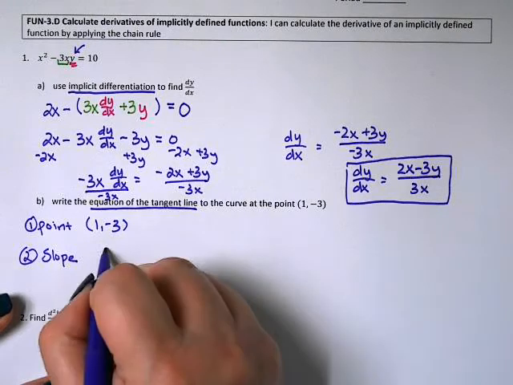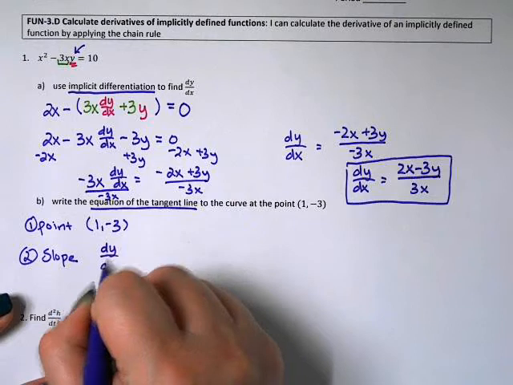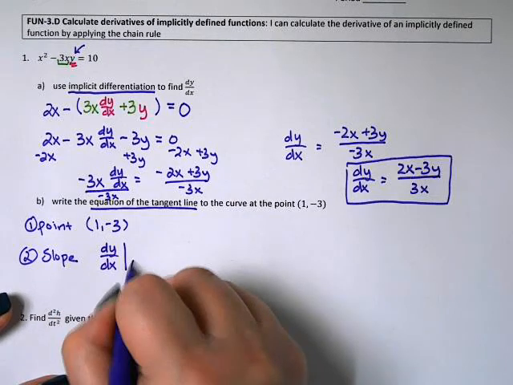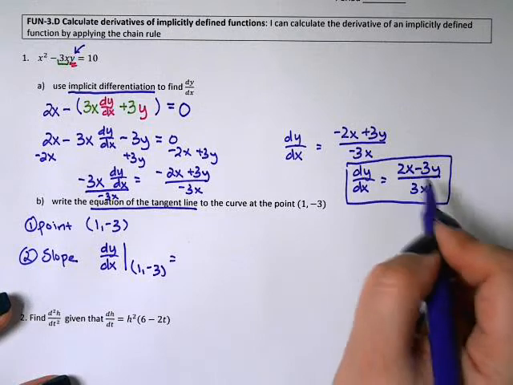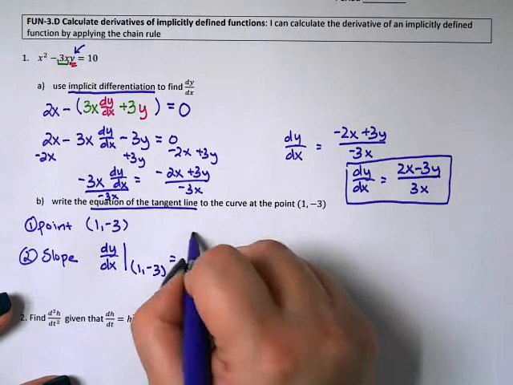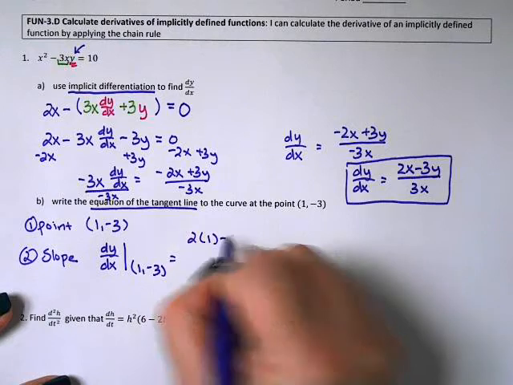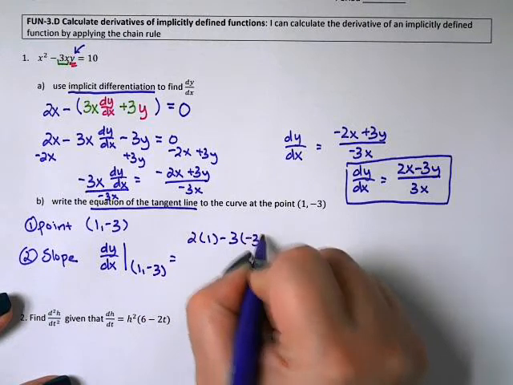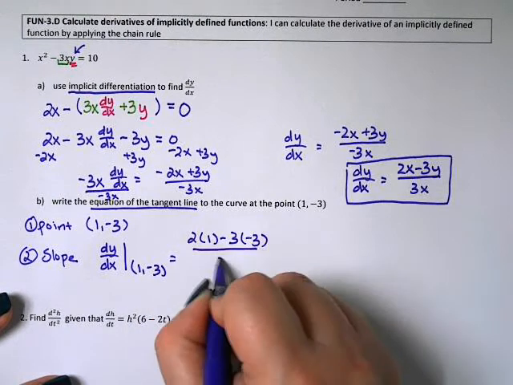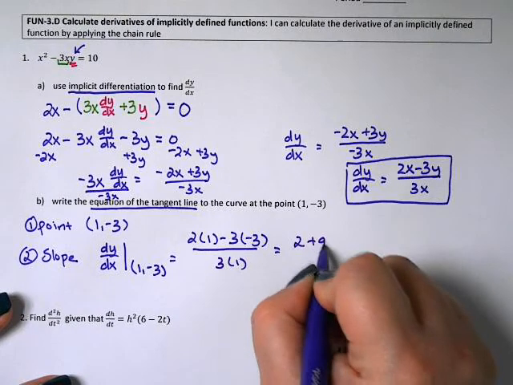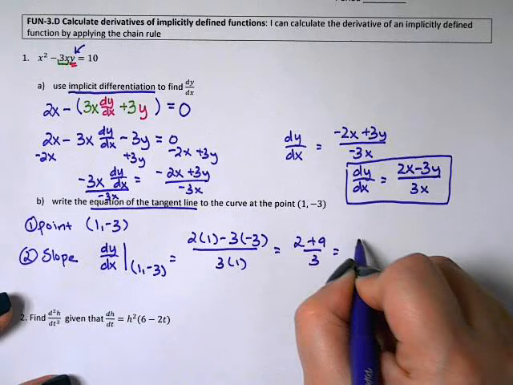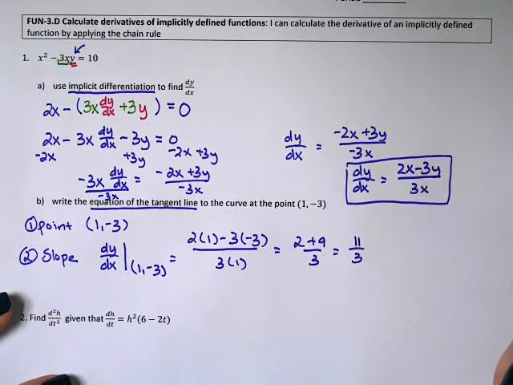So we're going to have to evaluate dy/dx at the point (1, negative 3), which just means plug it into our derivative that we found in part A. So we're going to have 2 times 1 minus 3 times negative 3 all over 3 times 1. So we get 2 plus 9 over 3, which means we have a slope of 11 over 3.